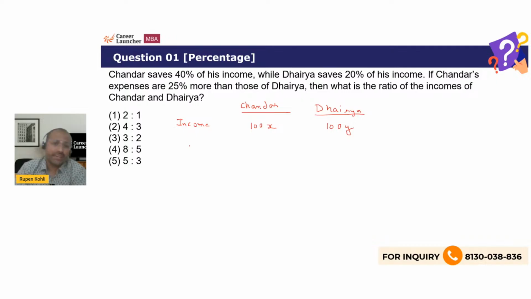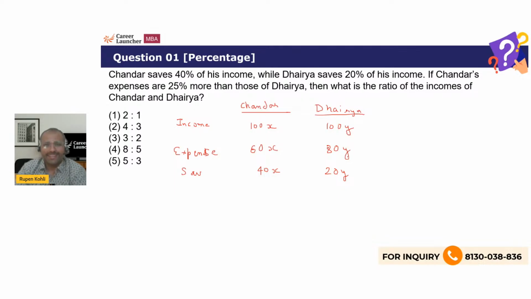Chandar saves 40% of his income. So how much is his expenditure? If he's saving 40%, he's spending 60%. So this becomes 60x, and the remaining 40x is the savings. For Dharya, it's only 20%. So this is 20y. The rest of 80%, 80y, is his expenses, right? He's spending a lot.